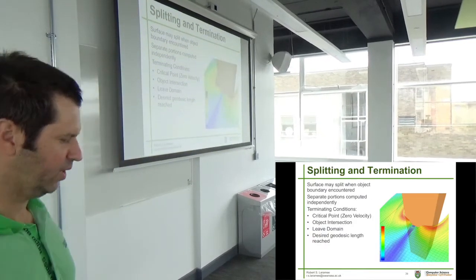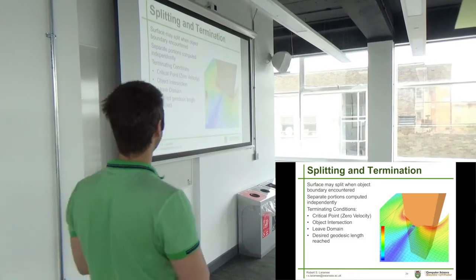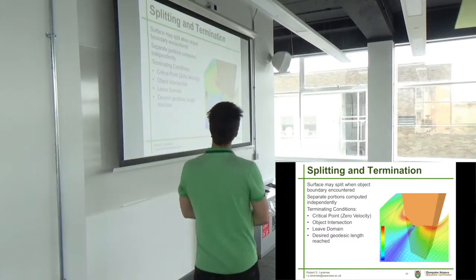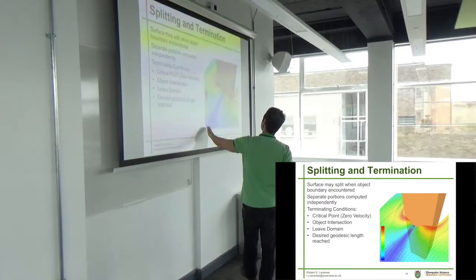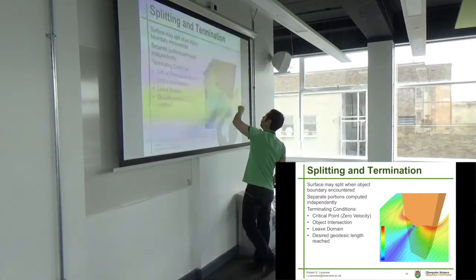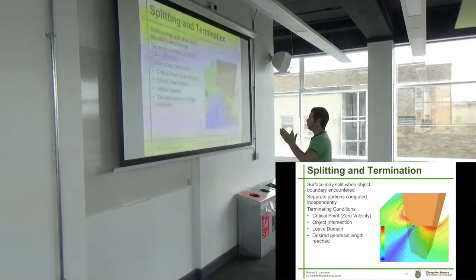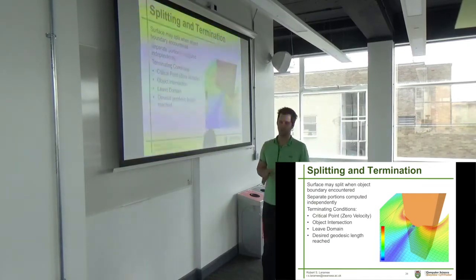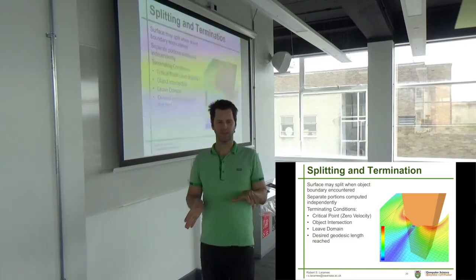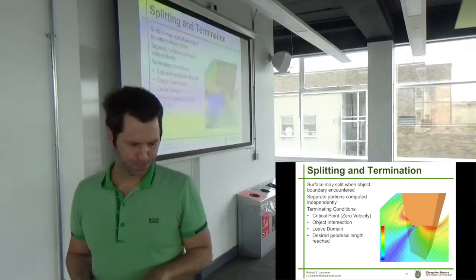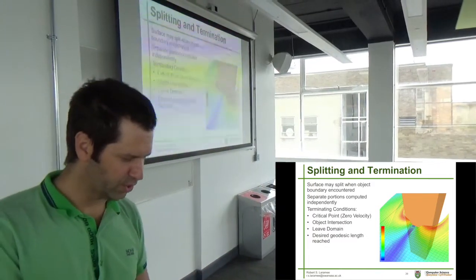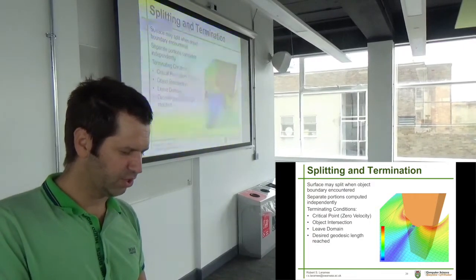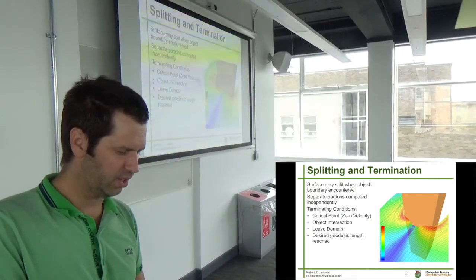We also have to handle splitting and termination. So this is a stream surface, right? And it's running into a wall, and it splits into two pieces that keep going independently. So when do we terminate? When we hit a critical point, that means zero velocity.